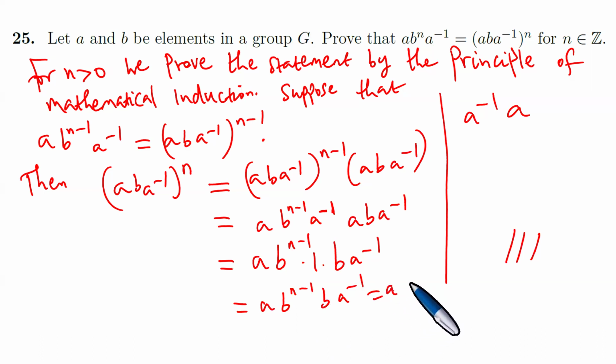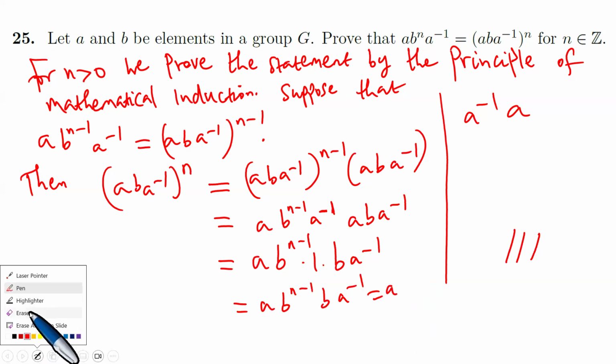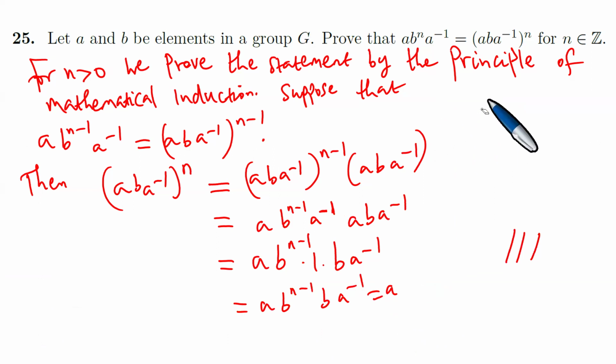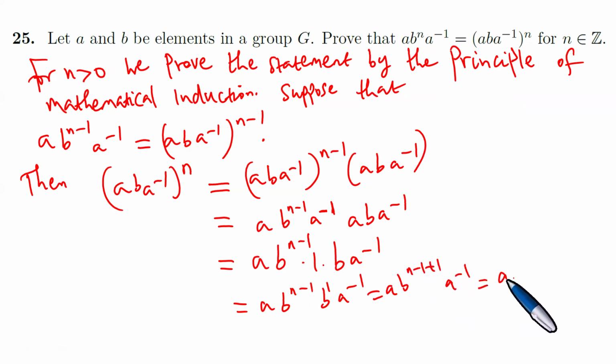So obviously now we can use the law of indices, which applies to groups. If you use the law of indices, for b to n minus 1 times b to the first power, we get minus 1 plus 1 in the exponent, which gives us 0.